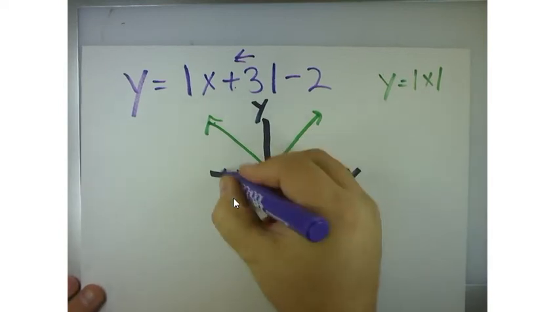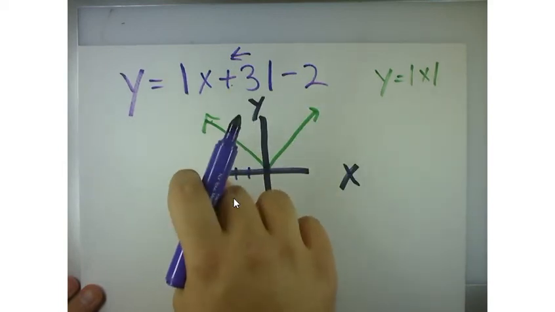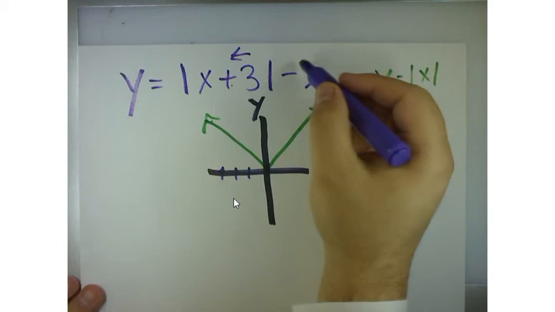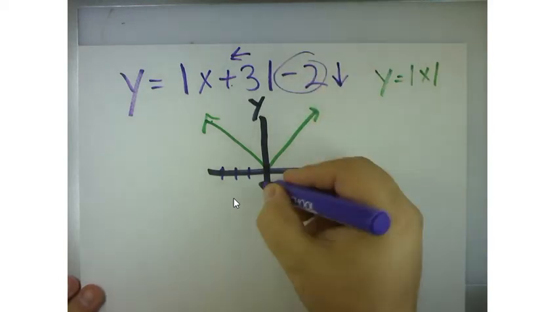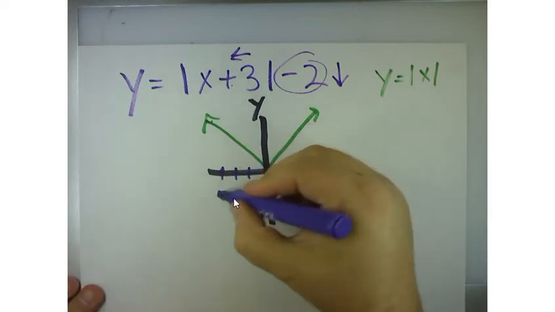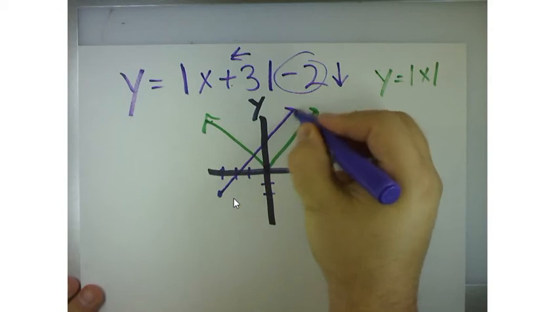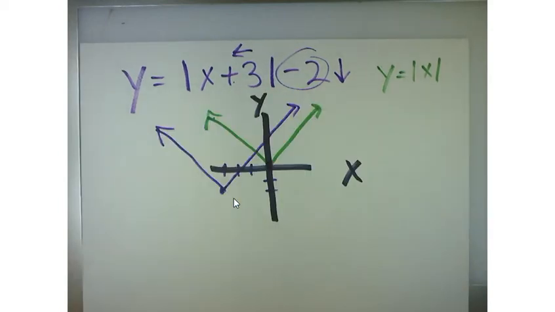So this vertex, this V part right here, is now moved over 3 units to the left. Now what does the minus 2 tell you? To shift it down 2 units. So I'm going to go down 1, 2. Everything else stays the same. It's the same graph, I've just shifted it over.